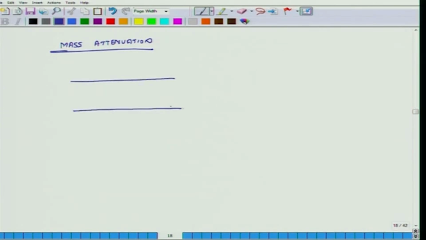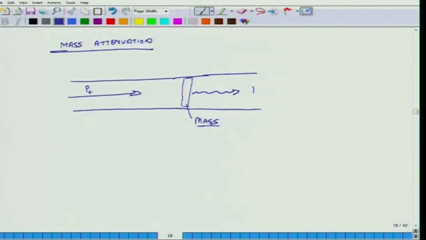We will explain this a little bit more. Suppose I have sound which is traveling like this and I have some mass here. This is my incident wave P plus, and because of this there is some transmitted wave PT.